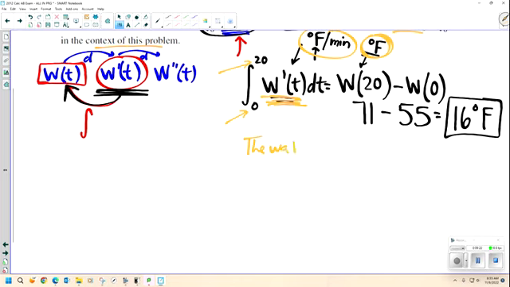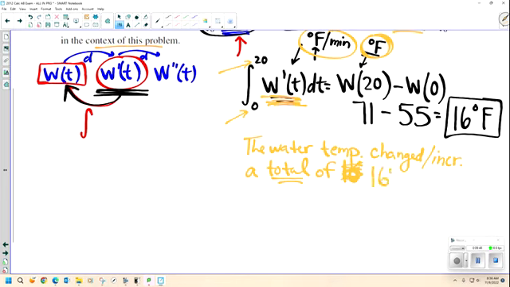So, the water temperature, because we're just talking about the temperature, it's not the rate anymore, changed or increased, because remember it was strictly increasing, a total of 16 degrees Fahrenheit from time equals 0 to time equals 20, and we'll put minutes right here.